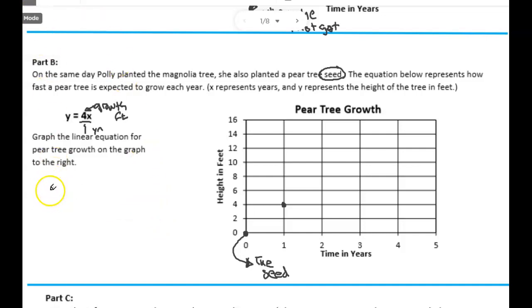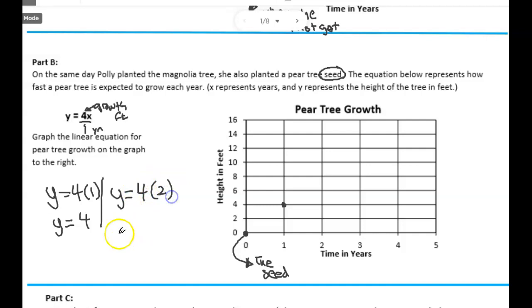So then we said the first year, how tall is that pear going to be? 4 feet. Okay, cool. Let's go over here. How about the second year? Goodness gracious. It's all the way to what? 8 feet. Okay. And let's go ahead and do the third year. What is that? 4 times its third year.